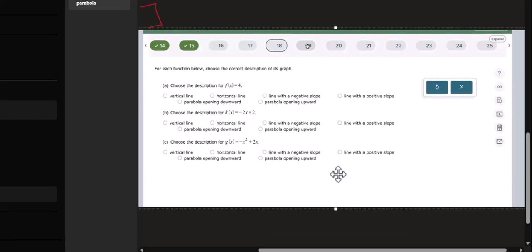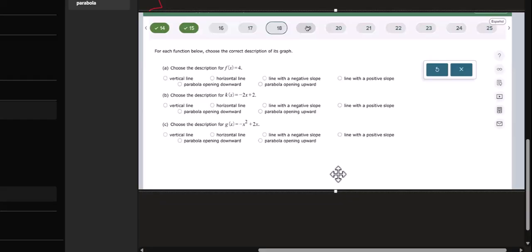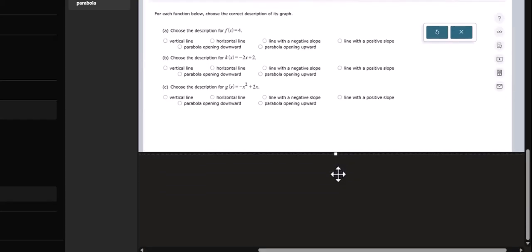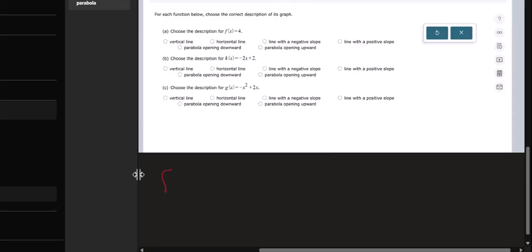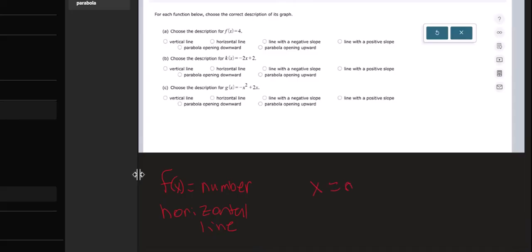Okay, so we've got several kinds of functions here. Here's what you want to look for. So if we've got f of x equals a number, just a plain number, then that is a horizontal line. If you have x equals a number, that's a vertical line.